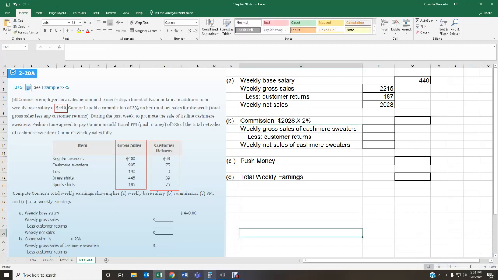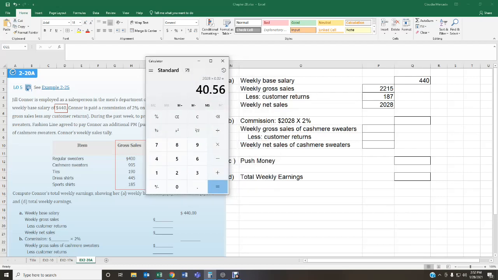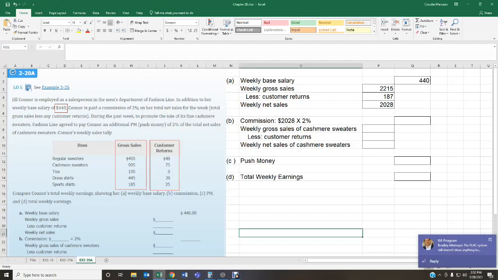Okay, and let's see what that gives us. That'll be $2,028 times 2%. And that gives me $40.56. So on top of my base pay, I'm going to get paid 2% of my net sales. That's going to equal $40.56. Okay. Sorry about these messages.